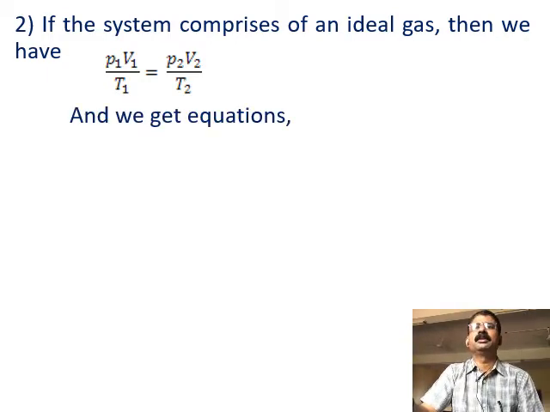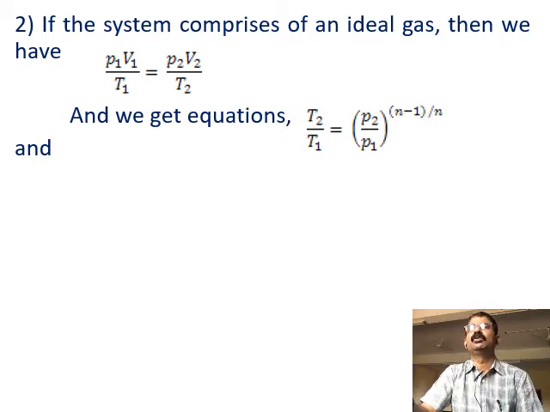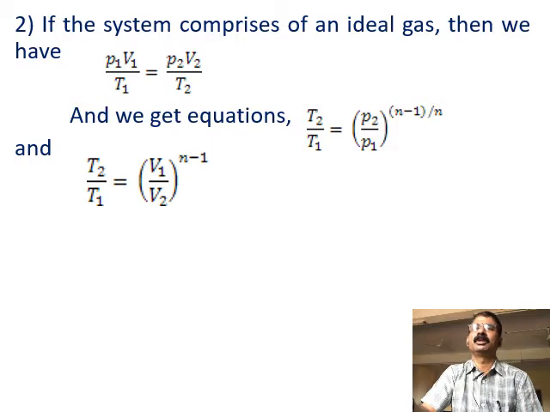Using this we get the equations T2 by T1 is equal to P2 by P1 to the power n minus 1 by n, and T2 by T1 is equal to V1 by V2 to the power n minus 1. For this you have to use the polytropic relationship P1 V1 to the power n is equal to P2 V2 to the power n, and also make use of this equation.